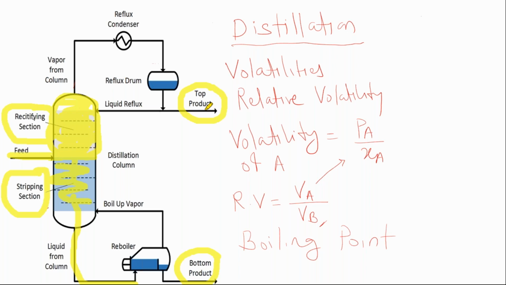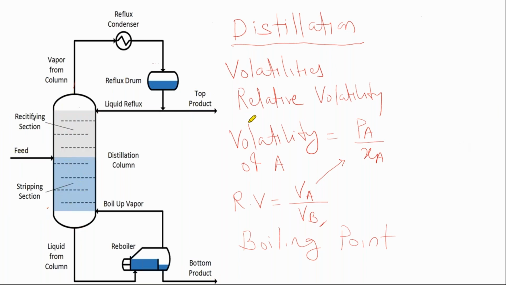Say, for example, if we consider benzene and toluene, then benzene is the more volatile component. So the benzene-rich layer is the top product, and the toluene-rich layer is the bottom product. In this way, we have separated benzene from toluene.